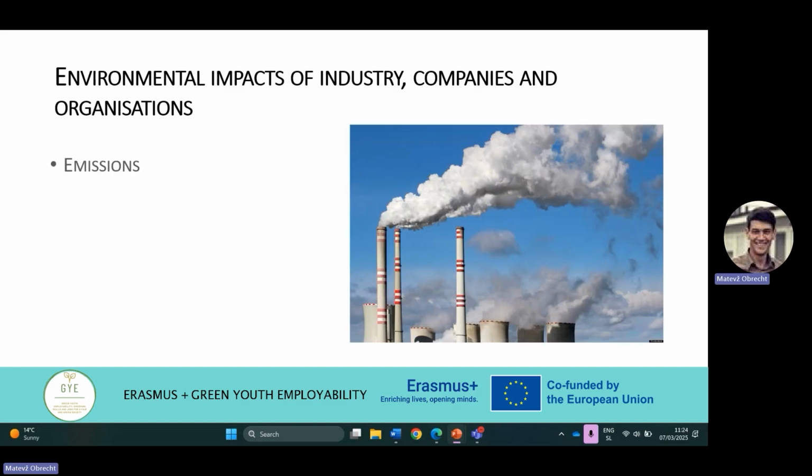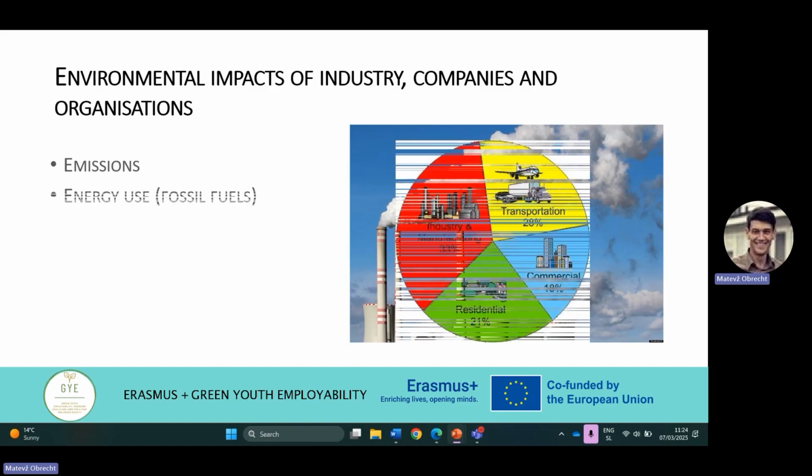Greenhouse gas emissions or any kind of emissions in the air, in the ground, in the water are the most media-covered negative impact on the environment, which is not the only one we should be aware of. Emissions in the air are very visible, so we are very much aware of them, and we of course want to reduce them.